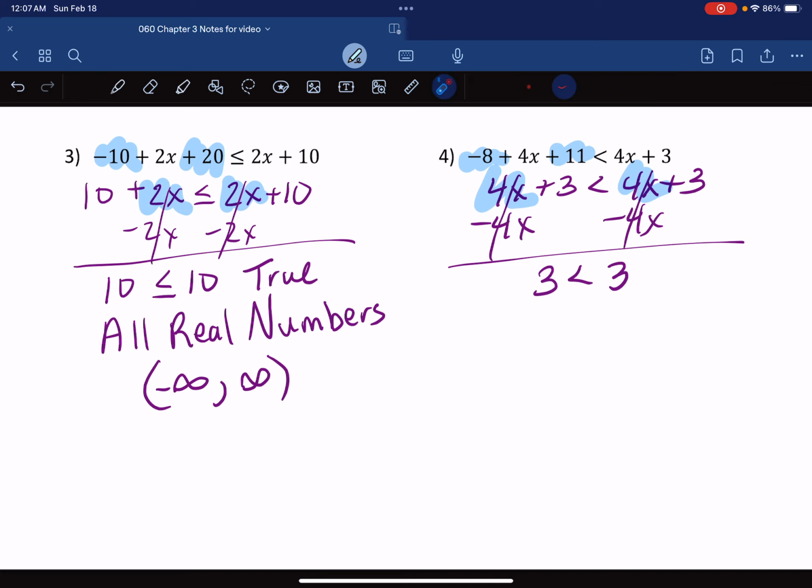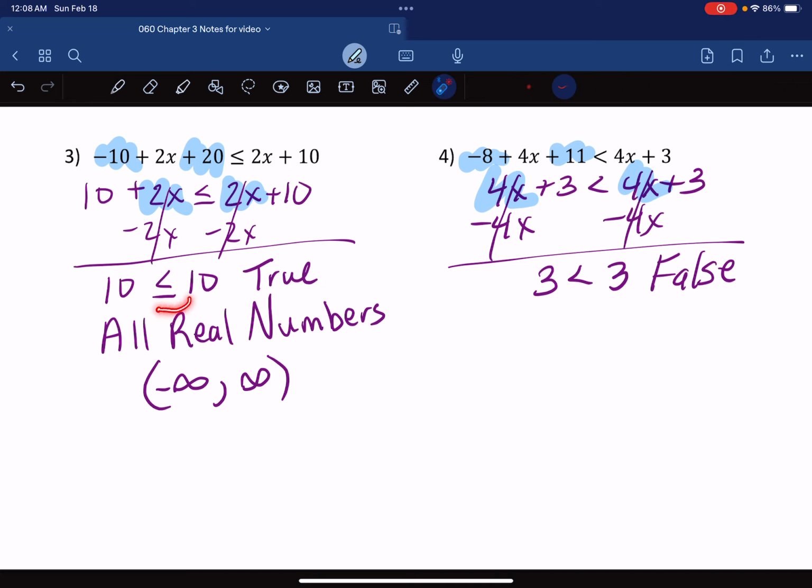And notice that this statement is very similar to the statement we got on the left side. When we got 10 is less than or equal to 10, we got a true statement. However, on this side, we have 3 is less than 3. This is actually a false statement because 3 is not less than 3. 3 is equal to 3.